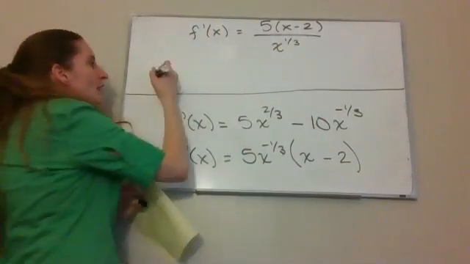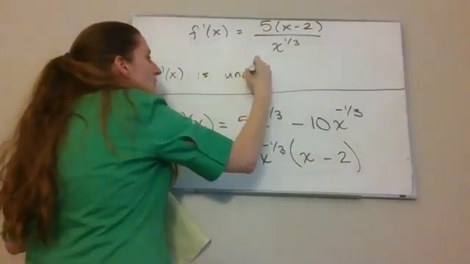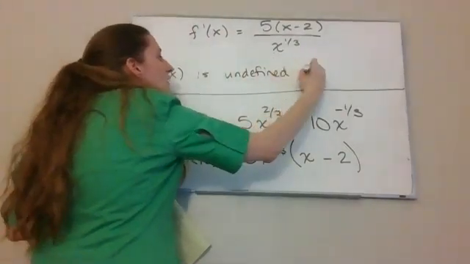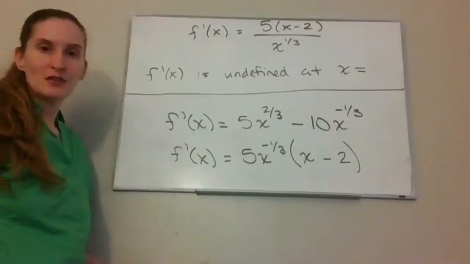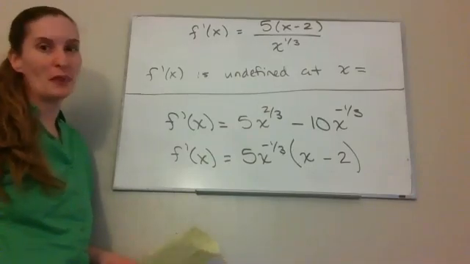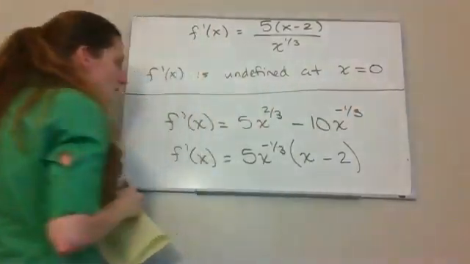We'll do the undefined first. Where is this derivative undefined? Well, it's going to be undefined when we divide by 0. That happens when x is equal to 0.